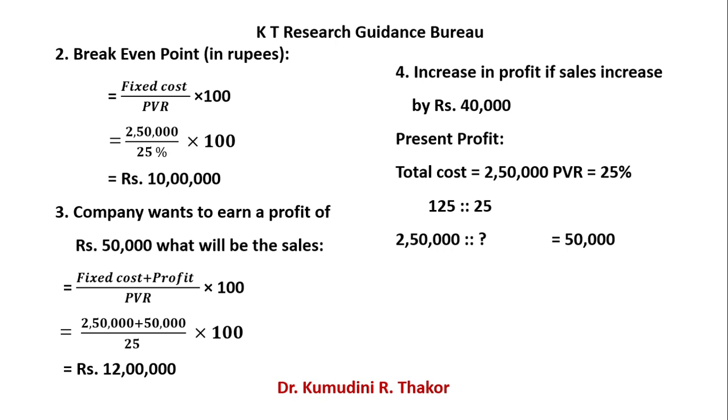So it is 50,000. Profit on rupees 40,000 equal to 10,000. So new profit will be 60,000. Your new profit will be 60,000.